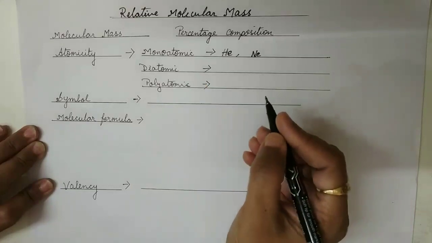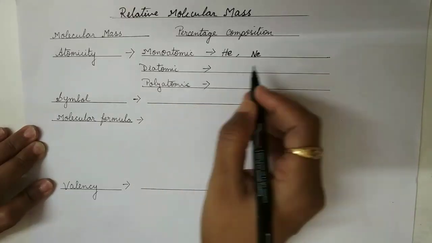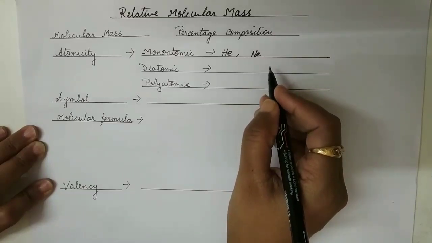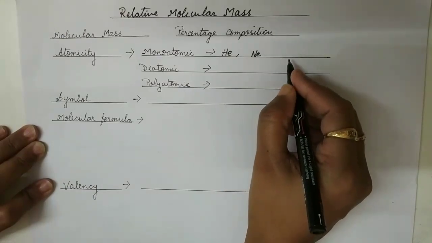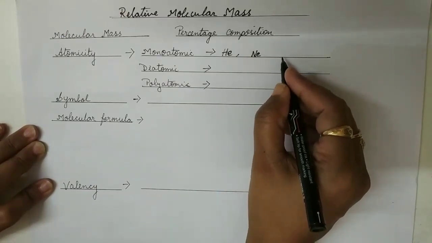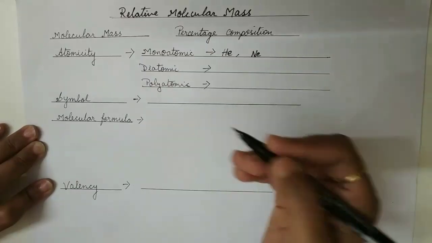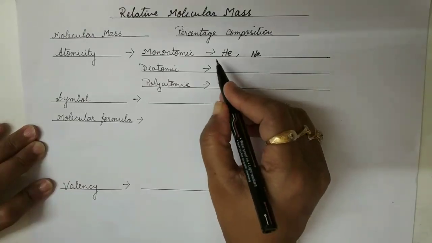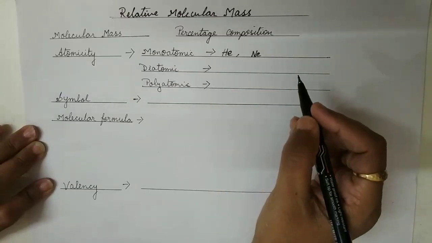These are all monoatomic. You can say sodium as well, but sodium, calcium, metals, we take them as monoatomic. But since they are very unstable, which I am going to teach in the later half of this chapter, we say these are monoatomic: helium, neon, sodium, calcium and so on.